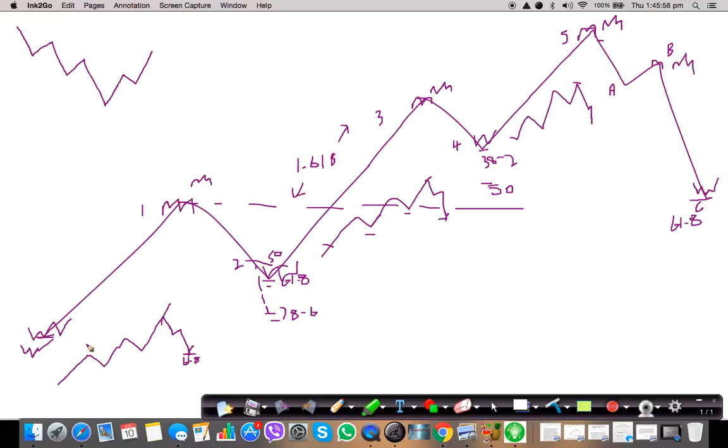You're most likely to have your wedge or triangular pattern formations happen here. So this sort of thing. What you'll also find is your channels.